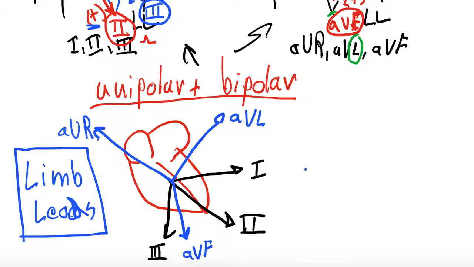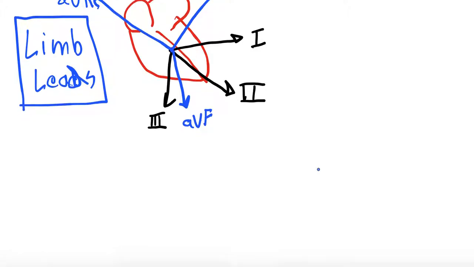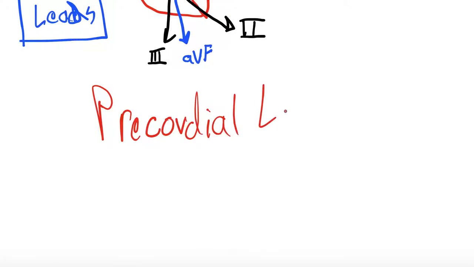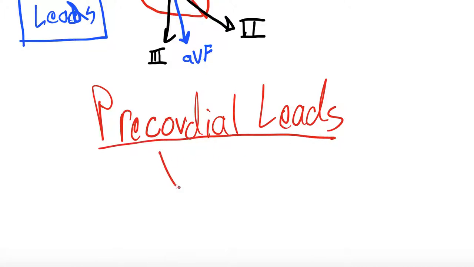So what do we have left now? We have to talk about our precordial leads. Our precordial leads are essentially on the anterior aspect of our chest, so it's somewhat more 3D. So the precordial leads are V1 through V6.